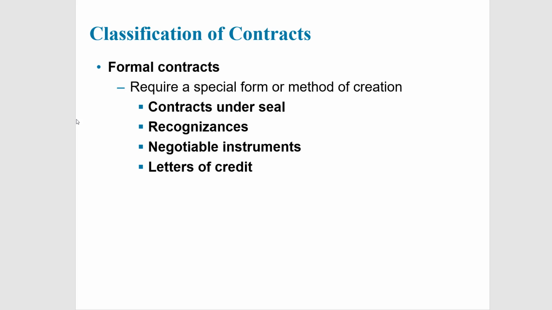Everything else is an informal contract. Some examples of formal contracts are if a contract has to be under seal. For example, in North Carolina, real estate contracts have to be written and under seal, which used to be placing a wax seal on something, but nowadays it just means that you put the word seal in parentheses next to a signature line. So it's not nearly as meaningful as it used to be.